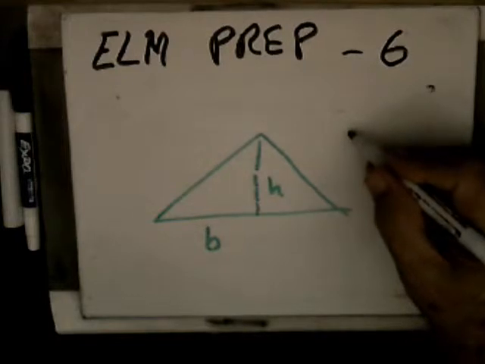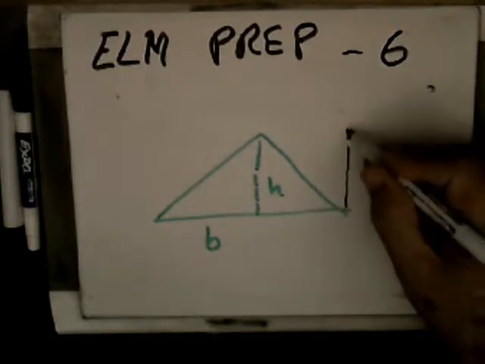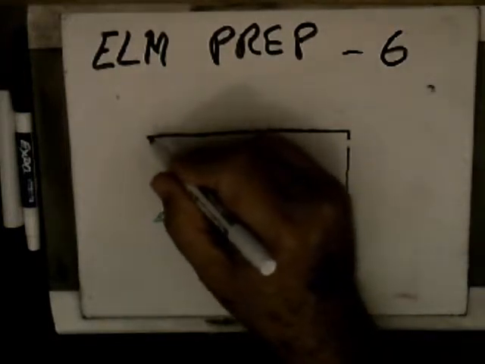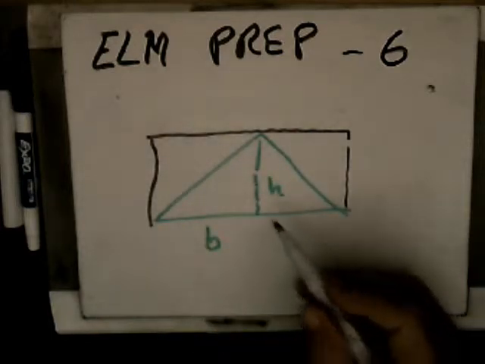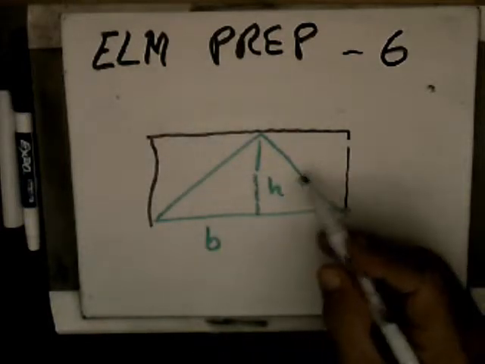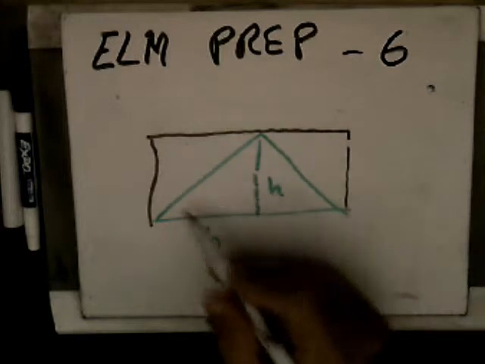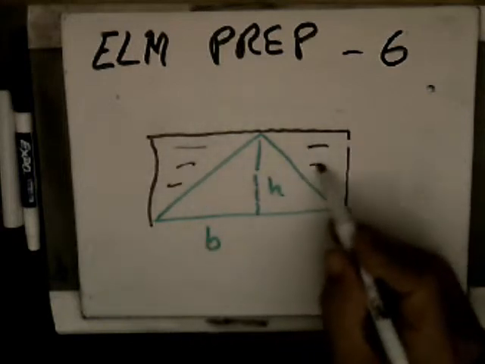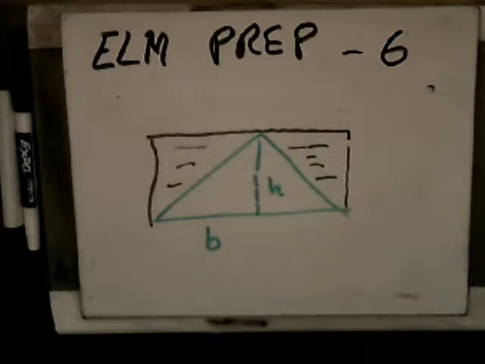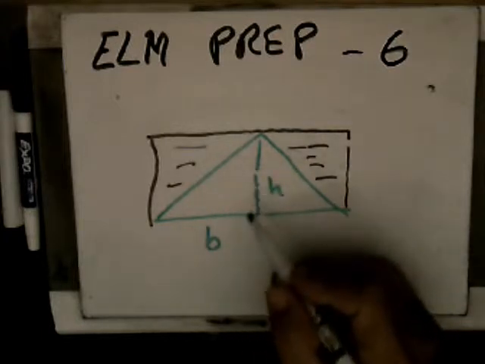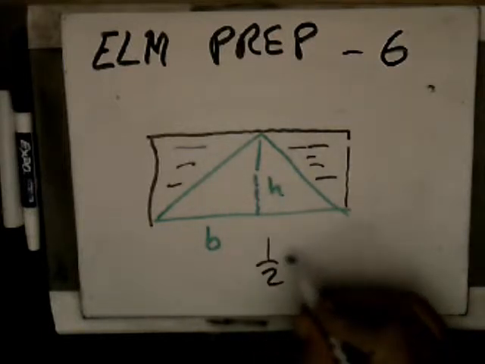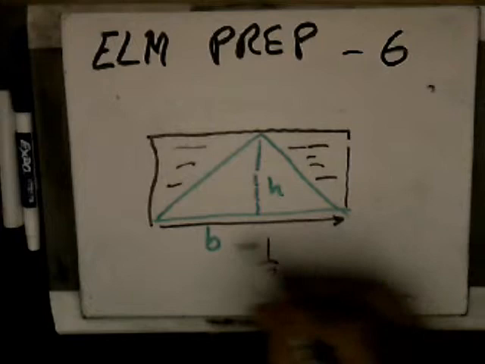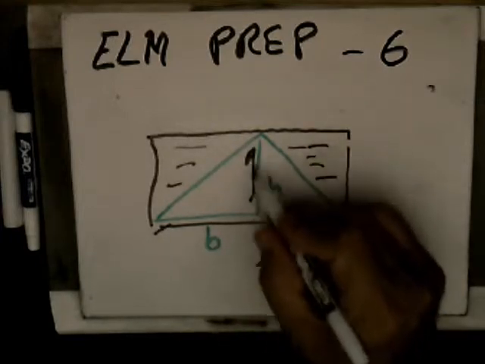But if I were to just draw a rectangle around this, you can possibly see that this area is half of the rectangle. This area out here is the additional part. It still holds true that the area of the triangle is 1/2 the base times the height.